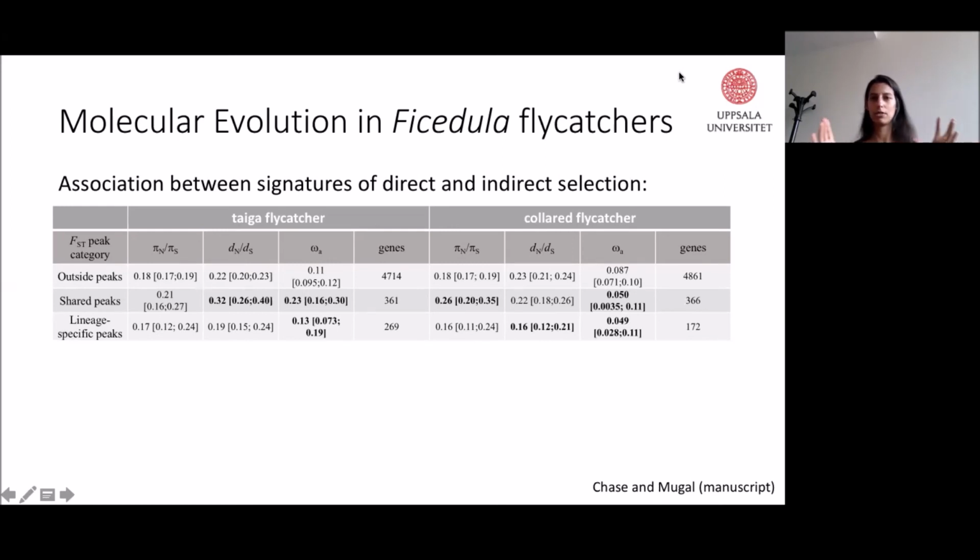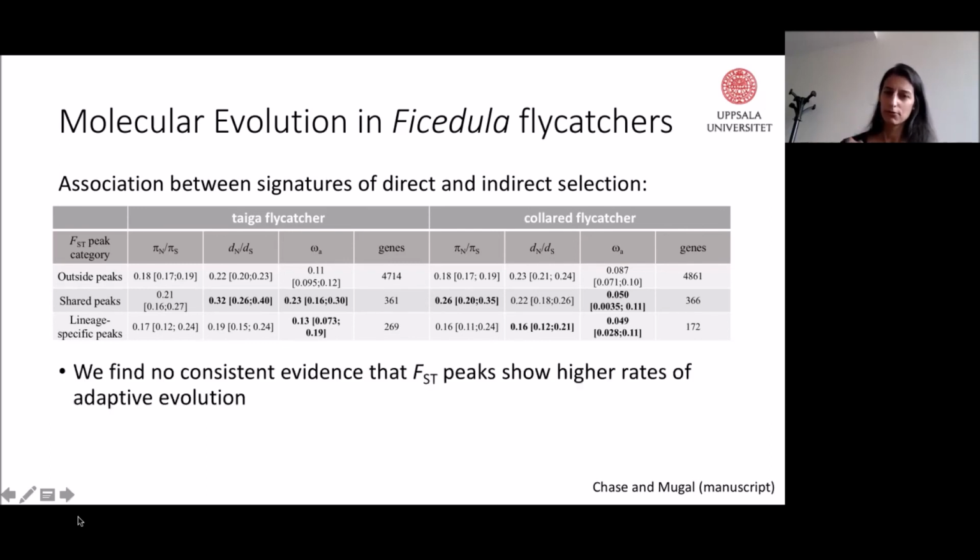But, and that's very nice that we have two species now, because this is like a biological replicate, we can see we don't find evidence in the collared flycatcher. So if you only find it in one species, it's maybe not something that should be interpreted in terms of an elevated rate of adaptive evolution in shared peaks. So we don't find any consistent evidence that there is a higher rate of adaptive evolution.